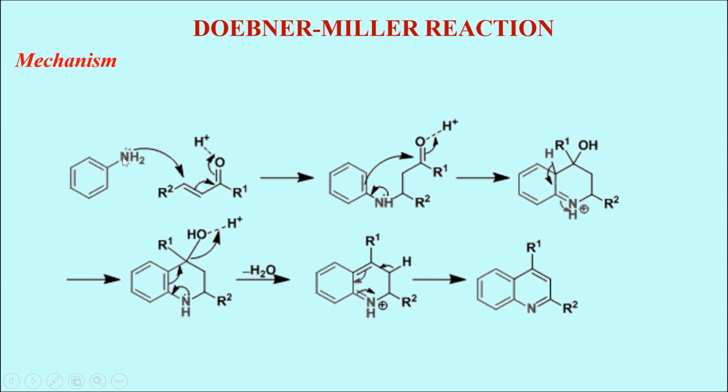This is electron rich as it has a lone pair of electrons on the amino group of the aniline, and this is electron deficient, and we know that unlike poles attract each other. The lone pair of electrons are donated onto this carbon and the bond between the carbon and nitrogen forms.